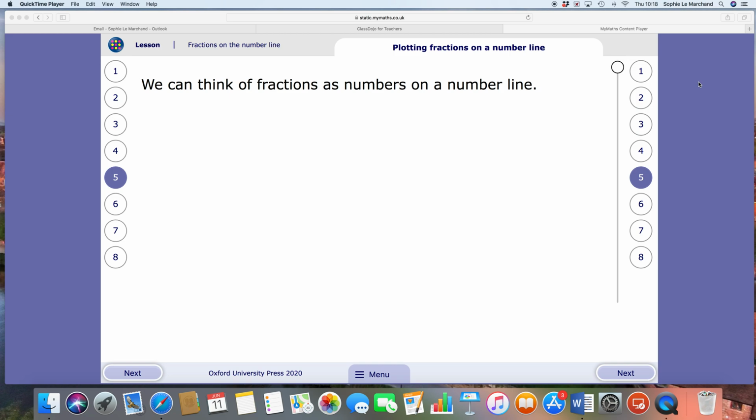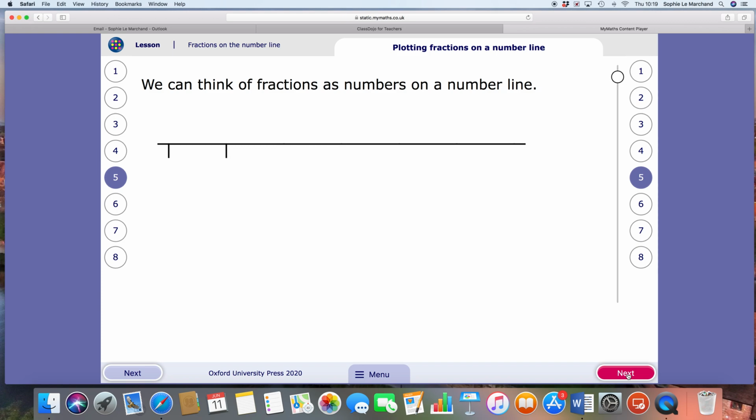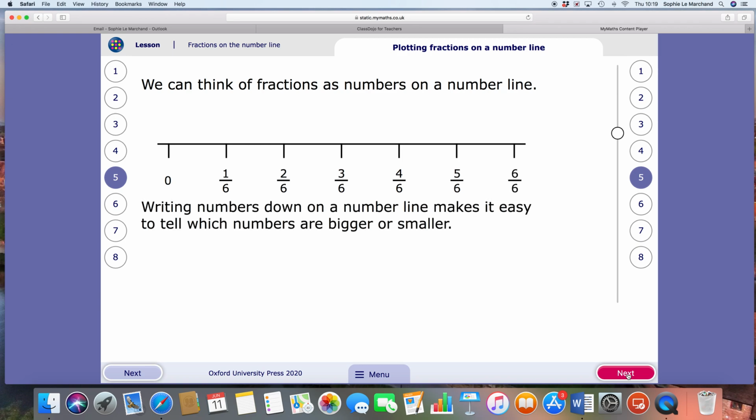We can think of fractions as numbers on a number line. Writing down numbers on a number line makes it easy to tell which numbers are bigger or smaller.